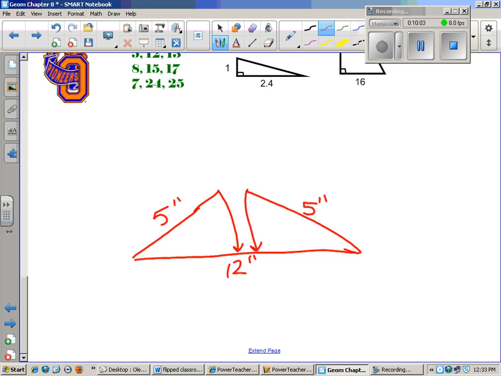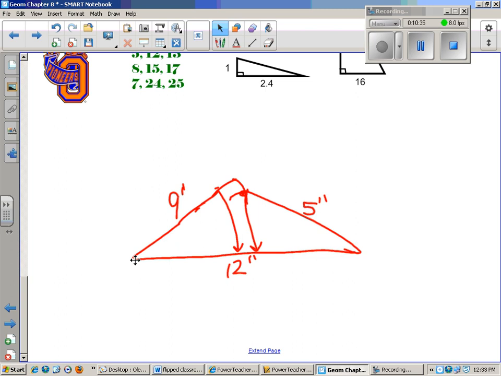No, so they're not going to make a triangle. They're just going to make a line, right? But if this one is, let's say, 9 inches, we've got 9 plus 5, which is 14. Isn't that greater than 12? So when these fall in, they're going to cross and hit each other and make a triangle. Do you see why the sum of two sides has to be greater than the third? Okay?